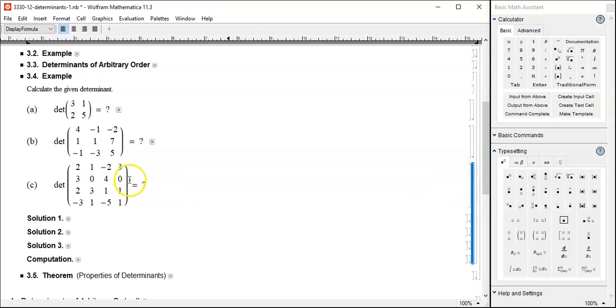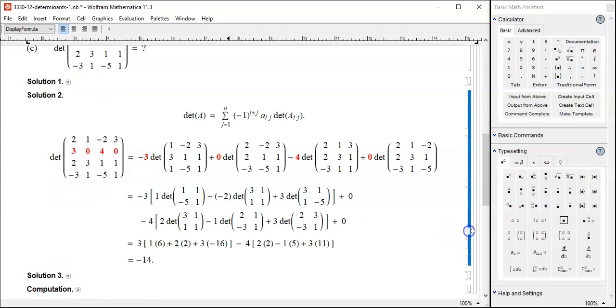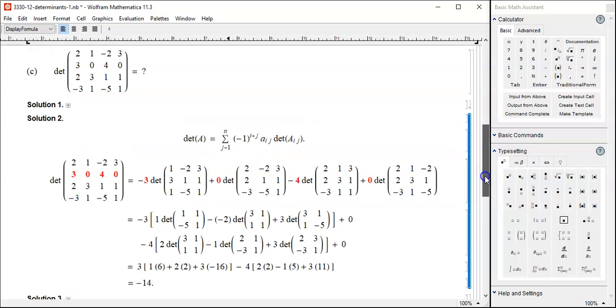And here's a nice example problem because at first glance, it's going to be far more convenient to use the second row here, we have a bunch of zeros. So even if we didn't prove it yet, we can still use it as long as we will prove it at some point. Okay, so let's go ahead and do it.